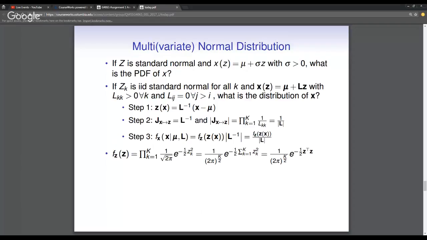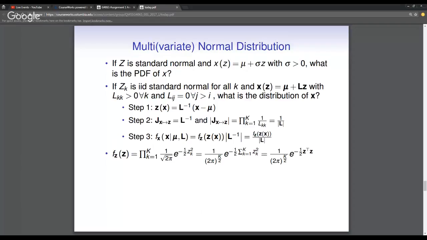Here's the standard normal PDF. If I have the product of those and it involves e, and z is up in the exponent, I can write that with a little simplification as e raised to the power negative 1/2 sum of squared z's, using the rule that the product of exponentials is the exponential of a sum.